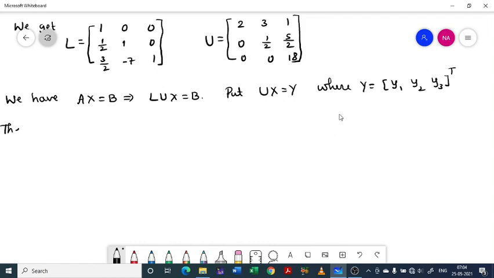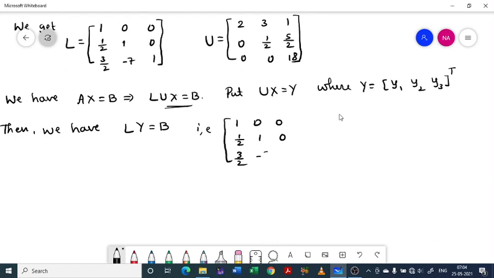Then we have LY equal to B. That is, L, which is 1, 0, 0, 1 by 2, 1, 0, 3 by 2, minus 7, 1, into y1, y2, y3, equal to B, which is 9, 6, 8.